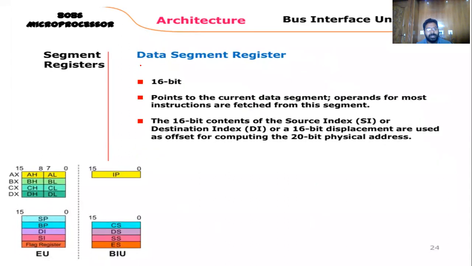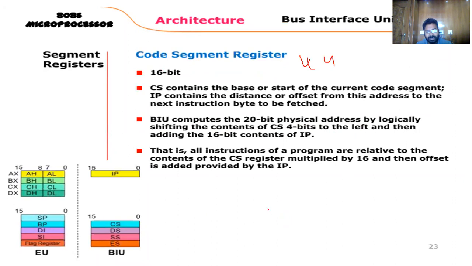At the same time, the data segment register is also available, also a 16-bit register. The data segment register address is generated by using the source index or destination index registers. The code segment register address is generated using the instruction pointer.